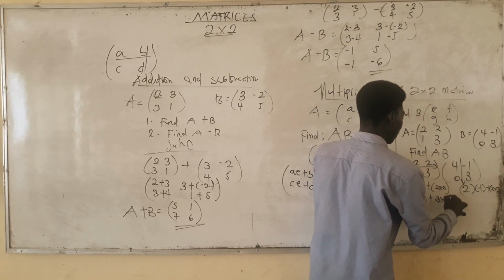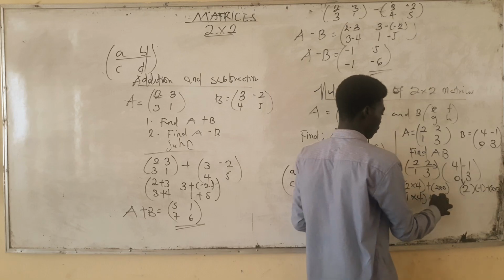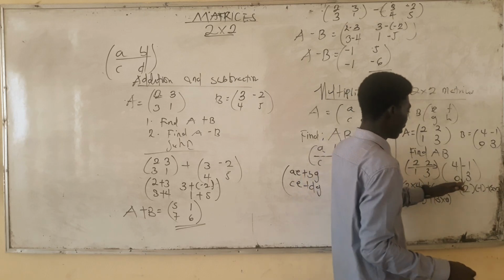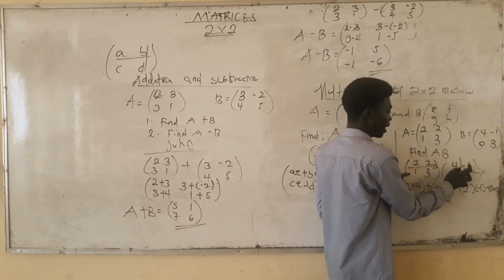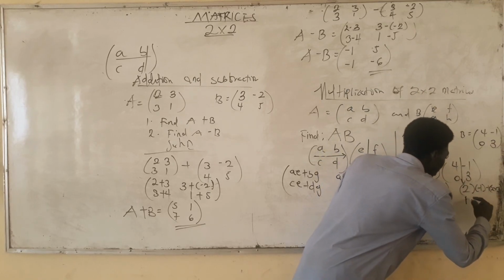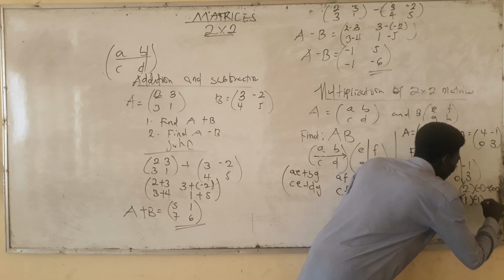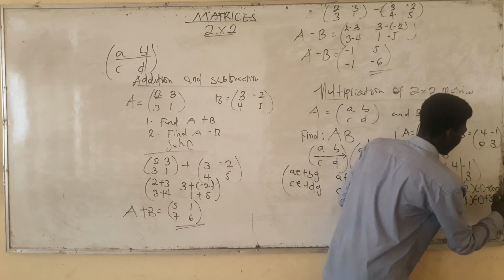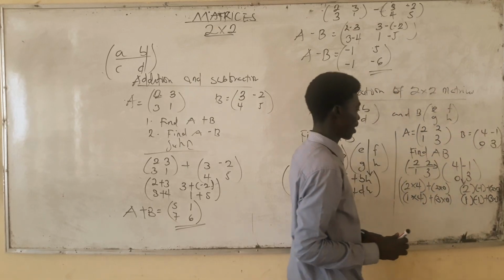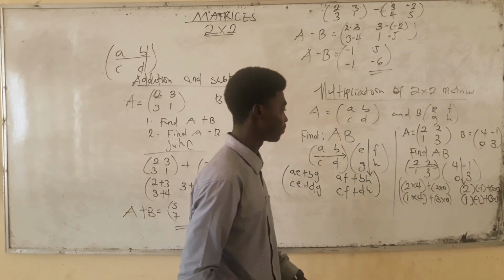And on this side, 1 by negative 1 plus 3 by 3. And that is it. So now let's break it down.